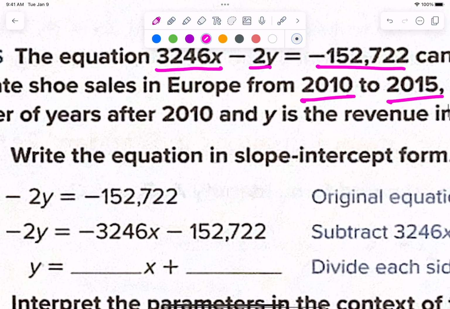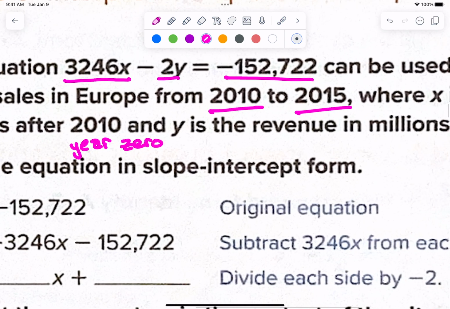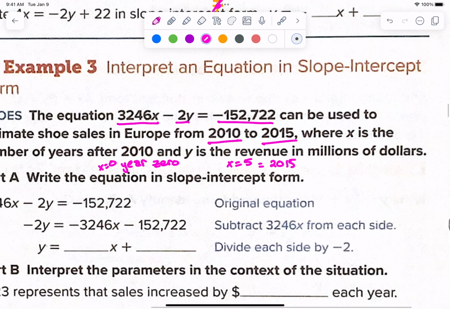So 2010 is like year 0, if it helps you to think about that. That's the point that I'm starting from, okay? So 2015 would be like year 5, right? Like x equals 0 is 2010, x equals 5 is 2015. Does that make sense? That's how that coordinates out to be.